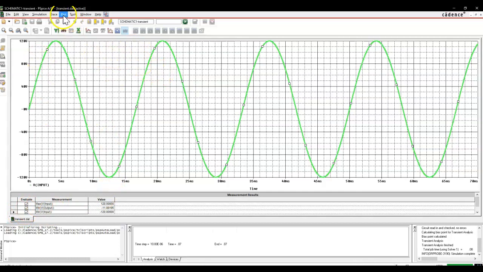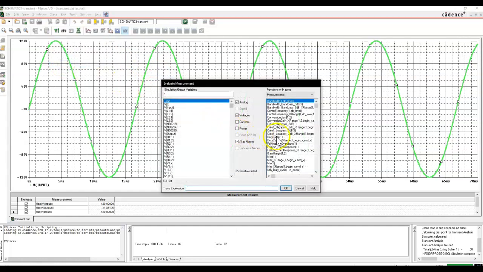The other thing you can do here, as far as a measurement, is evaluate measurement. If I want to evaluate the frequency, we can see there's no frequency here. But if I scroll down, I scrolled down too far.